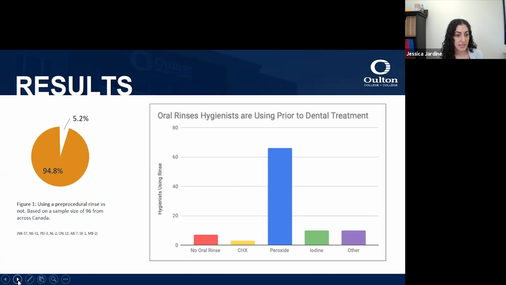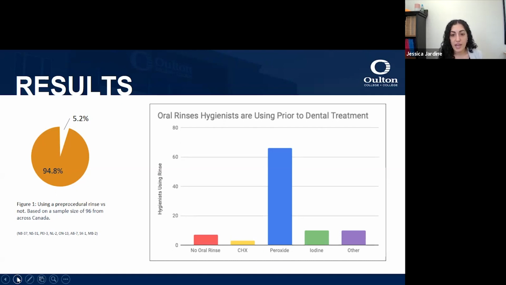Out of the 96, 94.8% said they were using one, and only 5.2% weren't using a pre-procedural rinse. All our results came from New Brunswick, Nova Scotia, PEI, Newfoundland, Ontario, Alberta, Saskatchewan, and Manitoba.